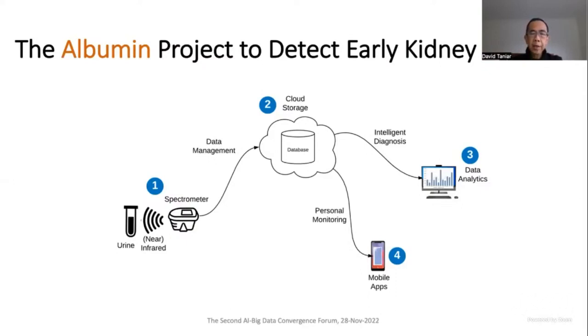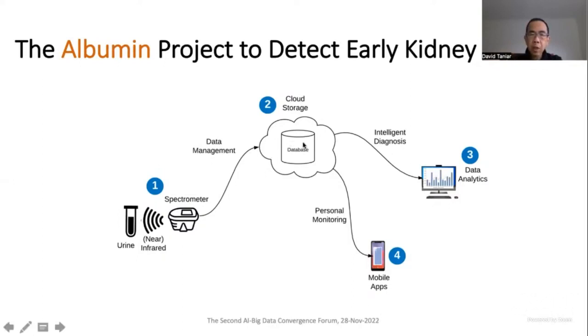So the idea is that we use infrared, so we can shoot infrared at the urine, and then do classification, machine learning, to identify the level of albumin, right?